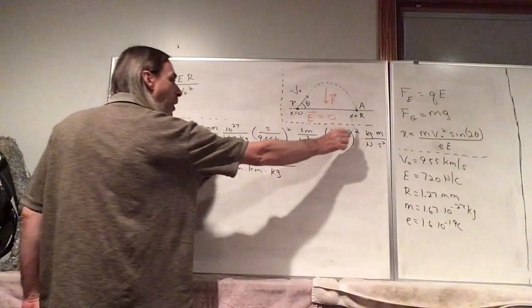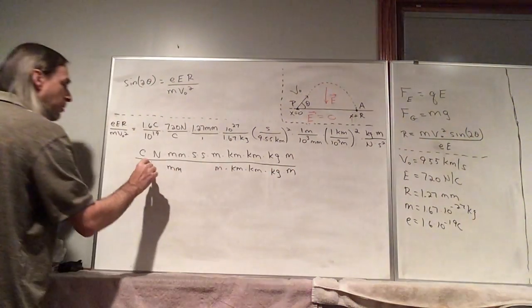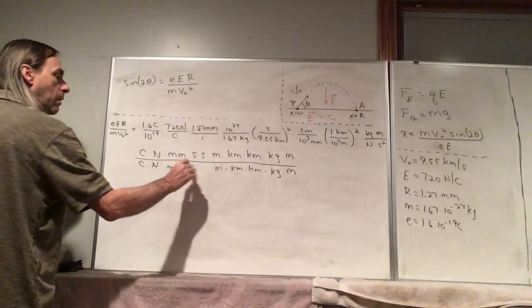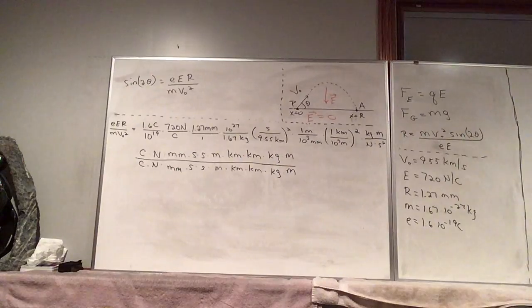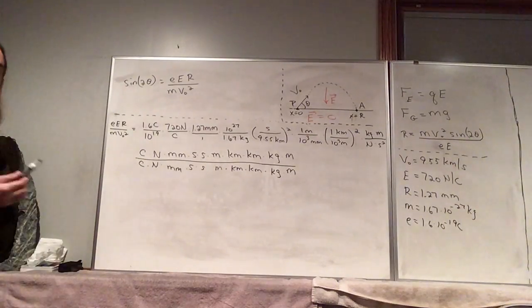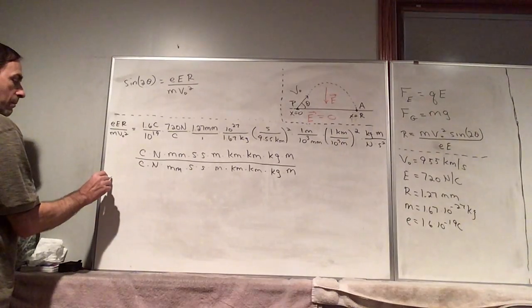This is meters squared because of the parentheses. And then we have newtons and seconds squared, and everything cancels out. And so we actually have just a number here. So first check is good. We're just getting a number. Now the second check, this has to be a number less than 1. So let's put in the numbers.